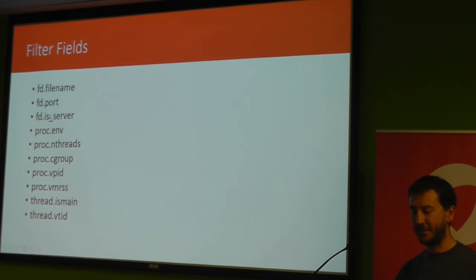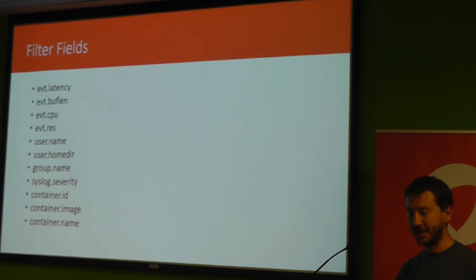I can see if it's a server. I can use the environment variables or the number of threads of a process, the amount of memory, the thread ID of a thread, or even the ID that the thread has inside a container, latency, container name, username of a specific event, and so on. So the system is pretty rich and pretty sophisticated.